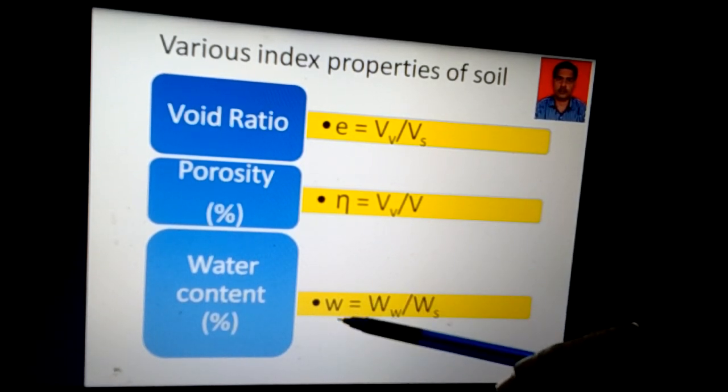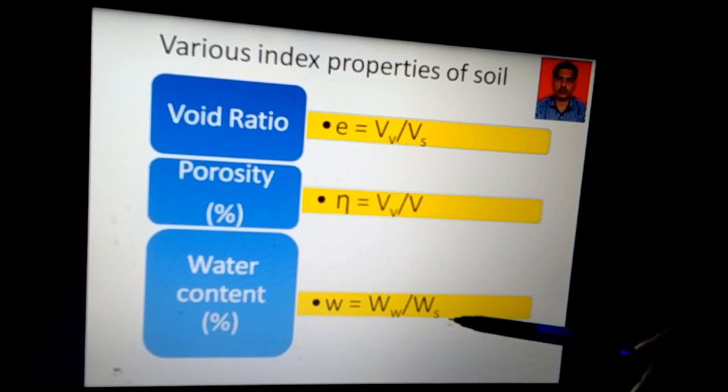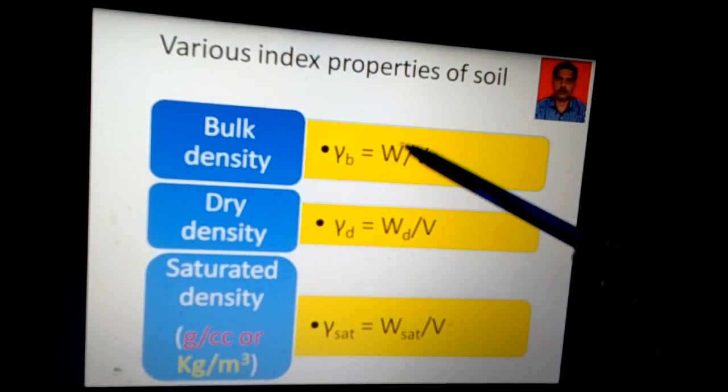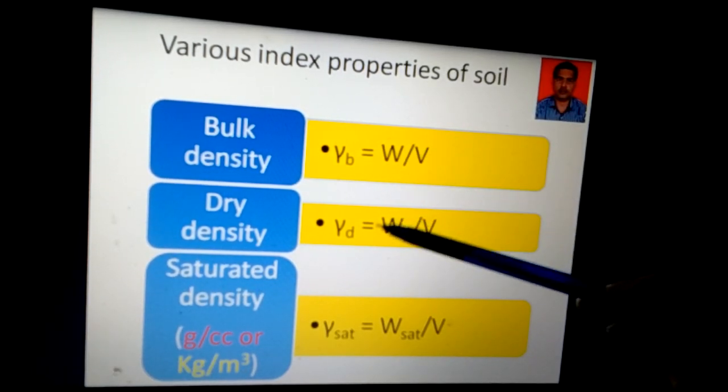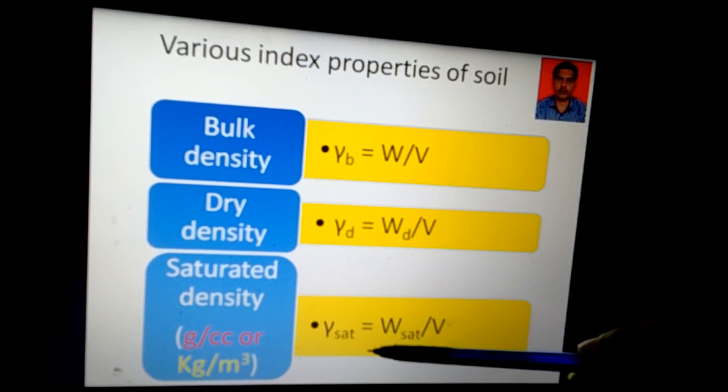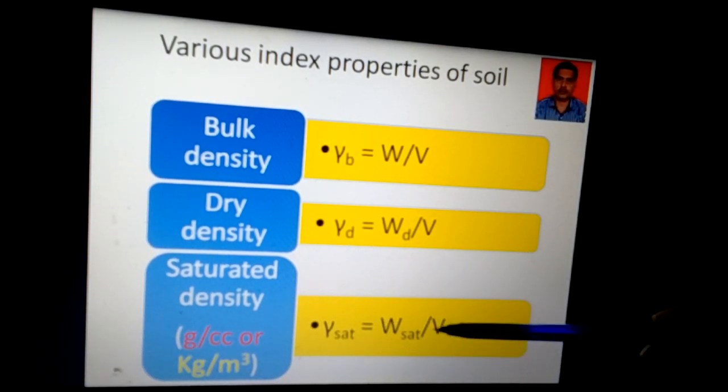Water content, small w, ratio of weight of water and weight of solids. Then comes the bulk density gamma b, ratio of total weight divided by total volume. Dry density gamma d, ratio of dry weight of soil divided by total volume. And gamma saturated, that is gamma SAT, a ratio of W saturated divided by total volume.